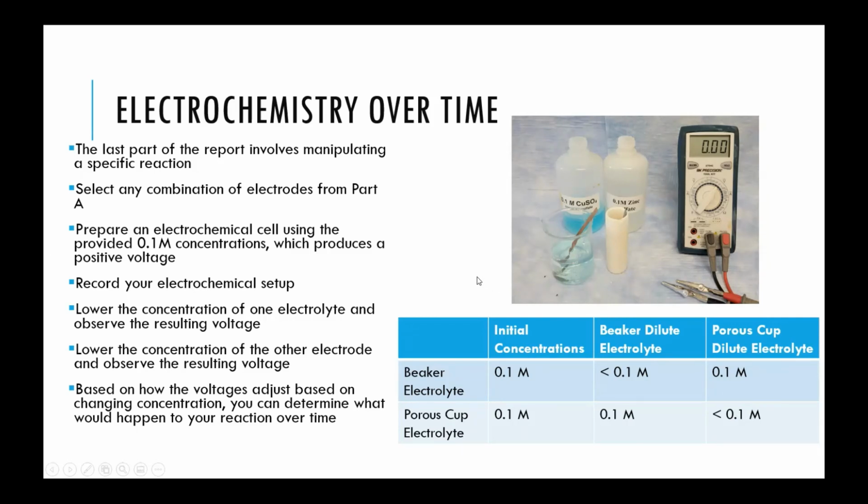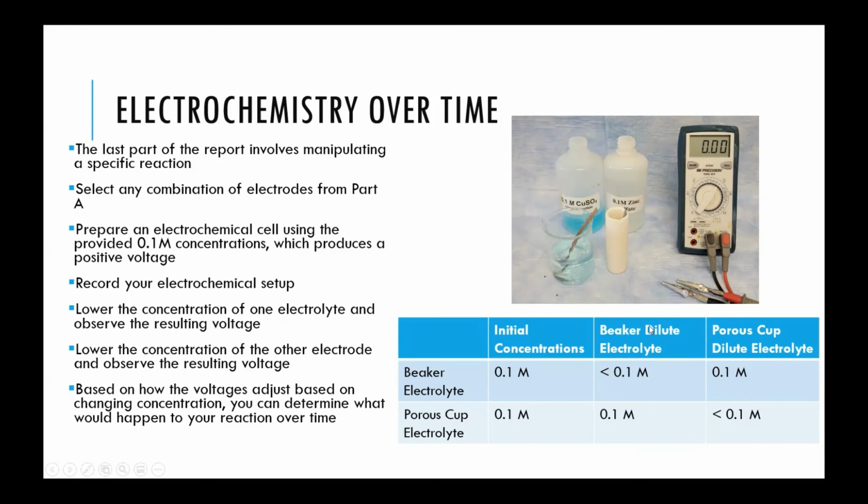So when you're going through this, you're thinking about what is the oxidation reaction, the half reaction, what is the reduction half reaction. Over time, what would happen to these concentrations of electrolyte? Would the oxidation reaction, the electrolyte involved in that, would that be increasing or decreasing? Would the reduction electrode solution be increasing or decreasing in concentration over time?